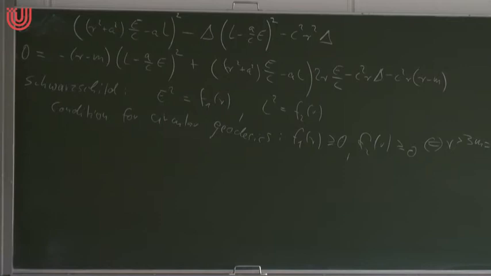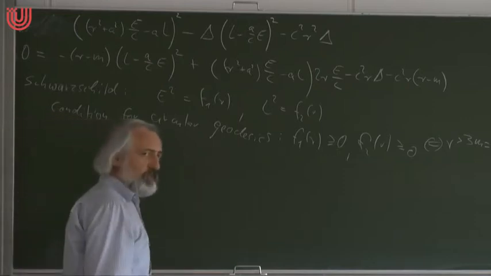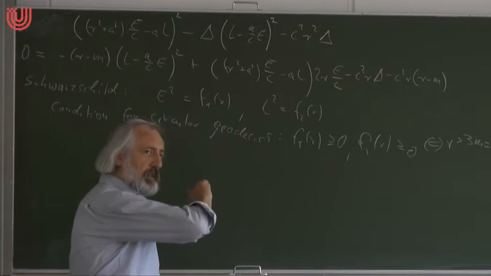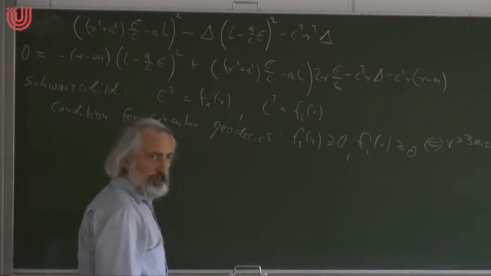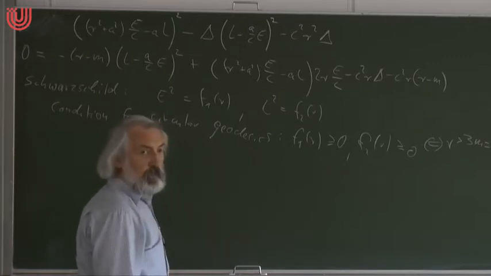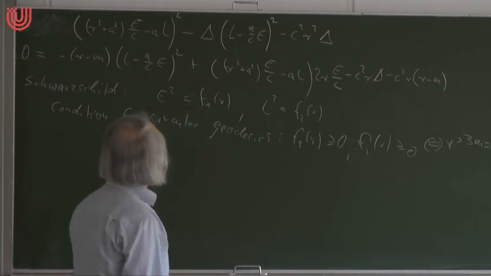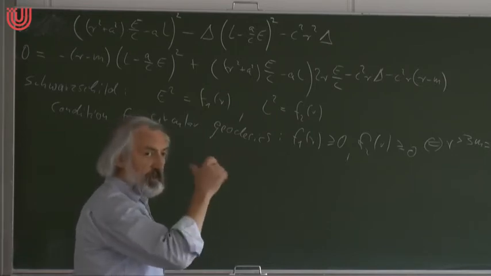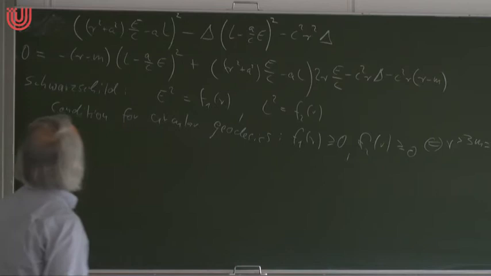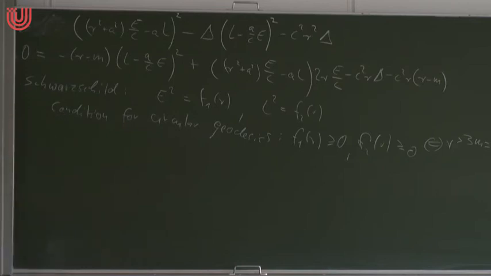You can add them together in a way that the mixed term drops out, so you can relate L squared to E squared. But then you have to solve a quadratic equation. You can solve it either for L or for E, and that brings this plus minus sign into the game. And that's the reason why you get two solutions.